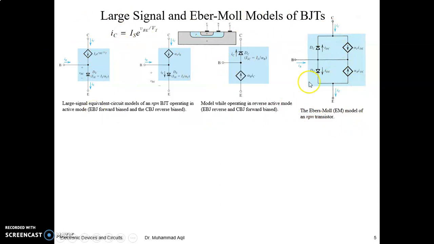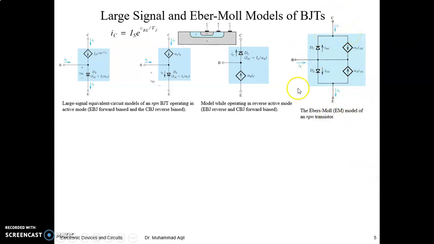I am just revising it to introduce the PNP transistor, to show you that with a small difference everything is the same. So here you have this forward diode, right? Forward where it is here, right? And this one is here, right? So the Ebers-Moll model said that you have a transistor of this kind.